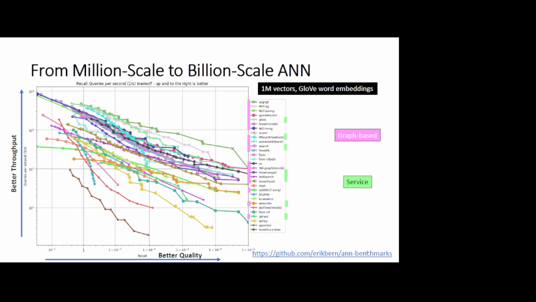Also some methods are highlighted with green color, which means service. Service means there are some companies that provide such a service. They also joined this challenge. I think for these companies, you have to pay, but their performance is not the best.